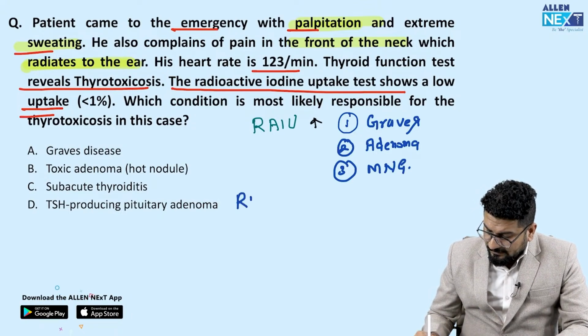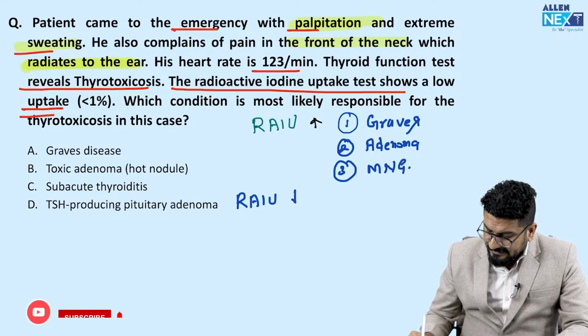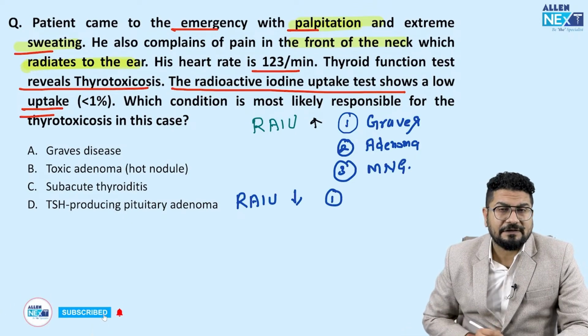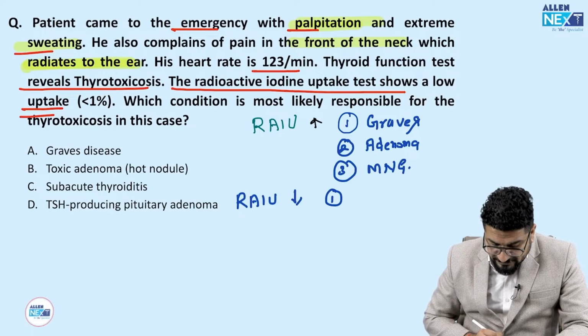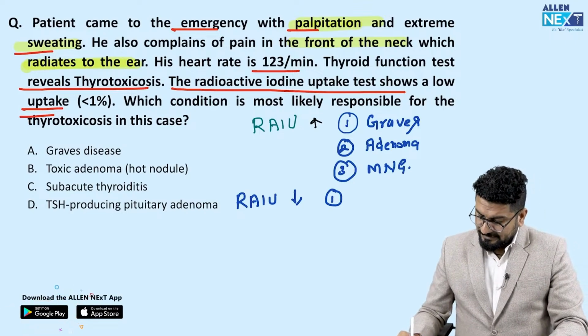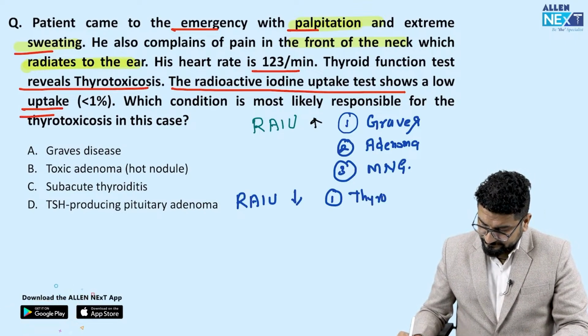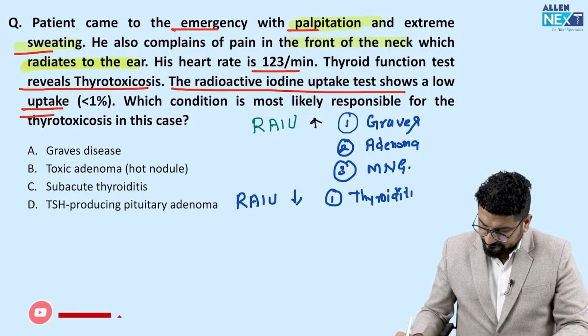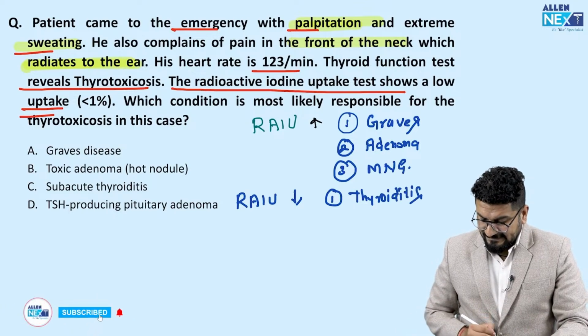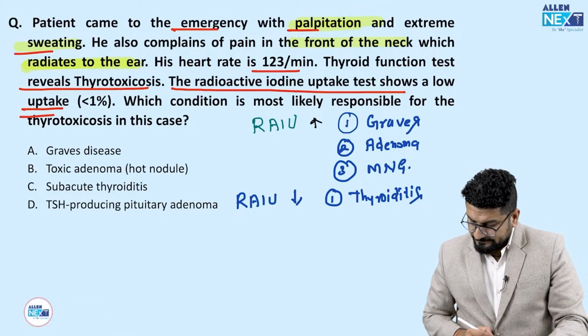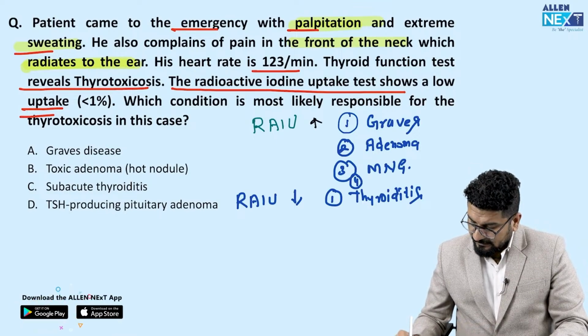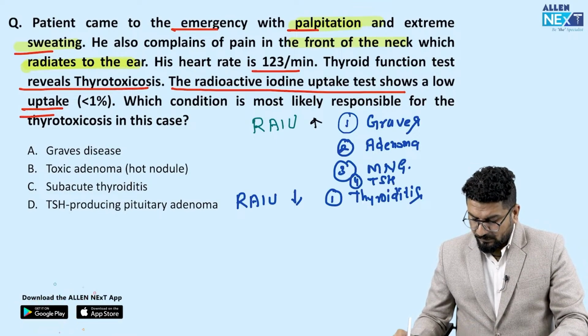This radioactive iodine uptake scan will be decreased when there is thyroid inflammation. So which condition can cause this? Understand this, it can be due to thyroiditis. Now see, a TSH producing pituitary adenoma is also a condition. There is more TSH.